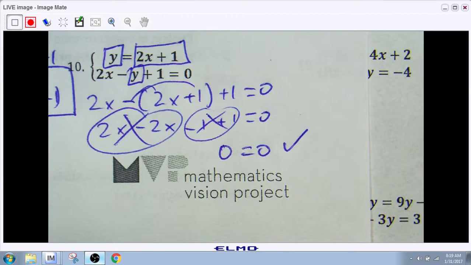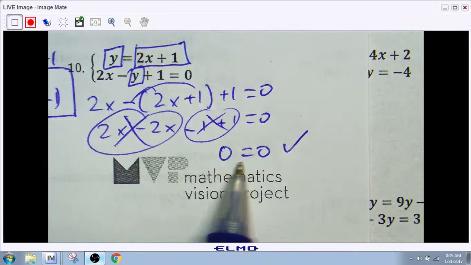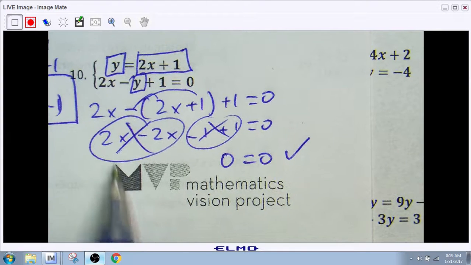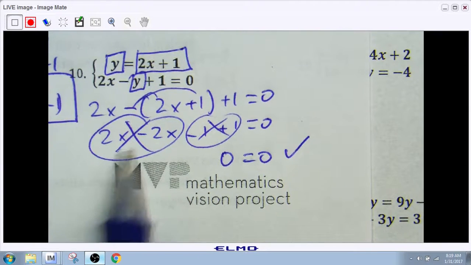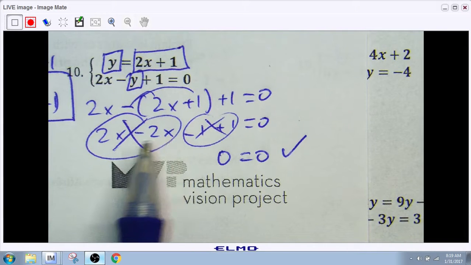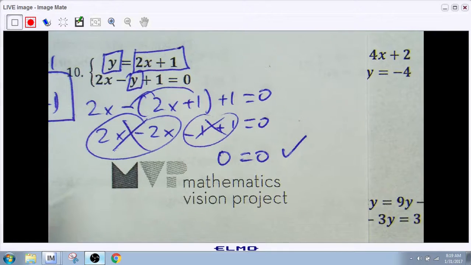But what we don't get is an x value or a y value. And here's what I want you guys to see. If by the time we do all this, we get down here and we get 0 equals 0 or 1 equals 1 or something that is a true statement, what that means is it doesn't matter what our x or y was. I could plug any number into x here. If this were 1,000,000 times 2, so 2 million minus 2 million, they would still zero out. So any number for x I could plug in and it would work.